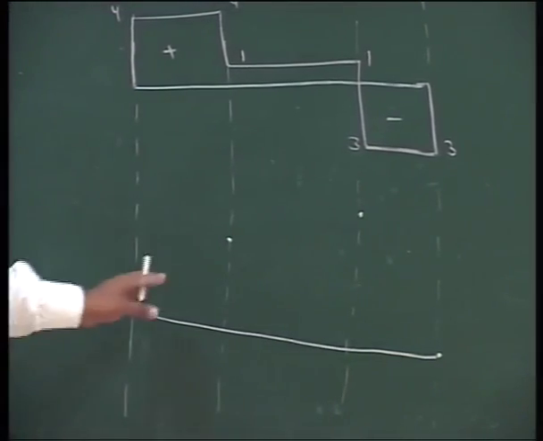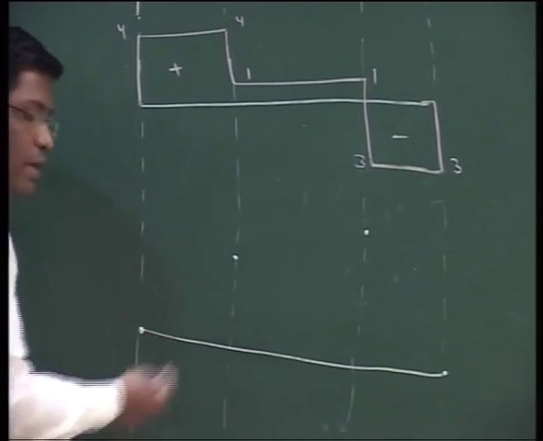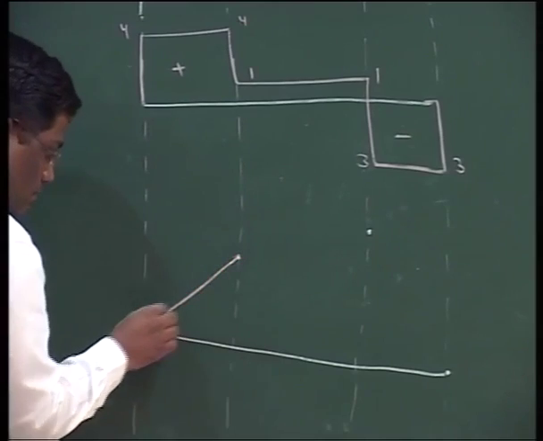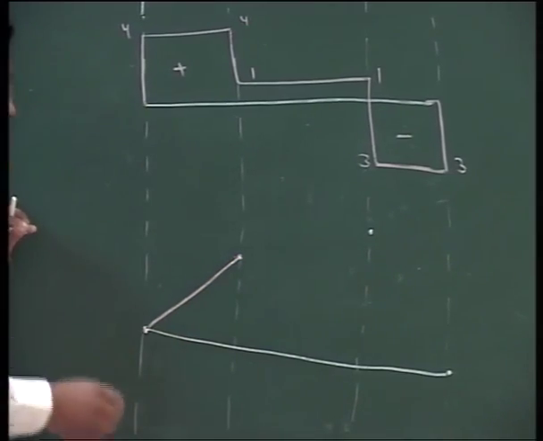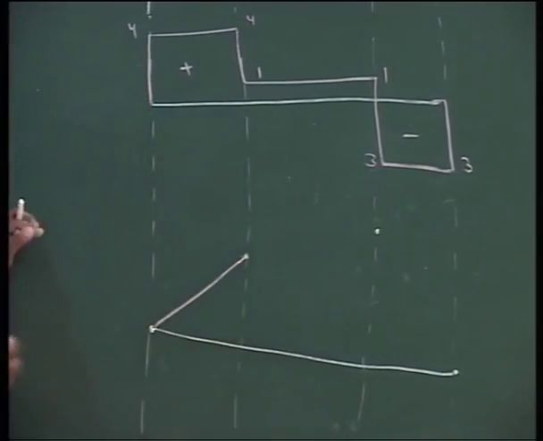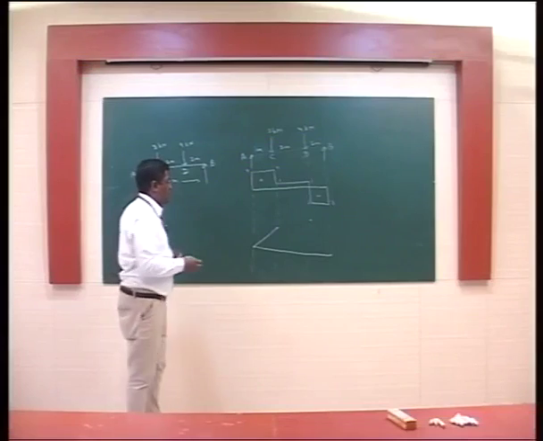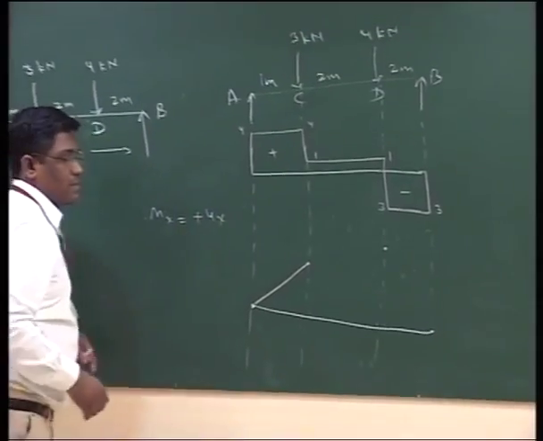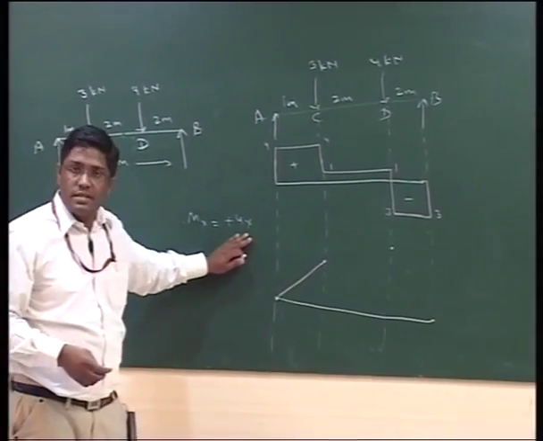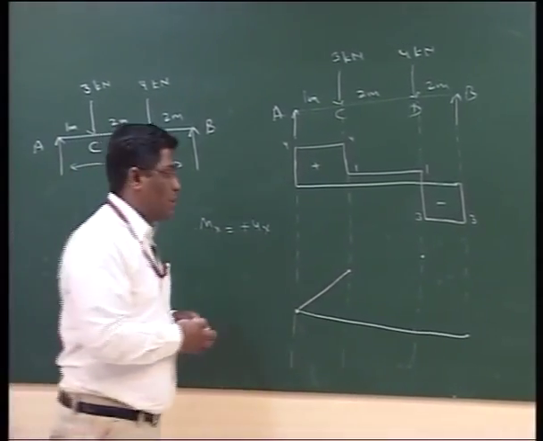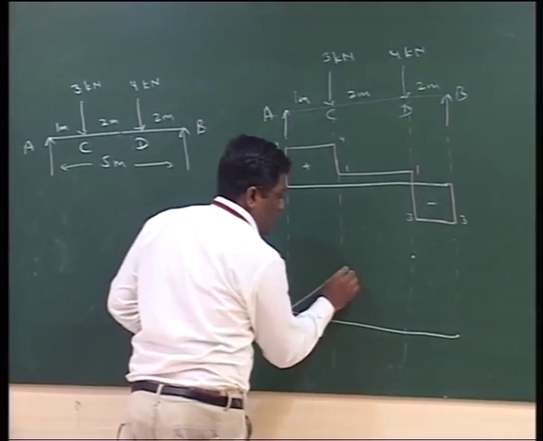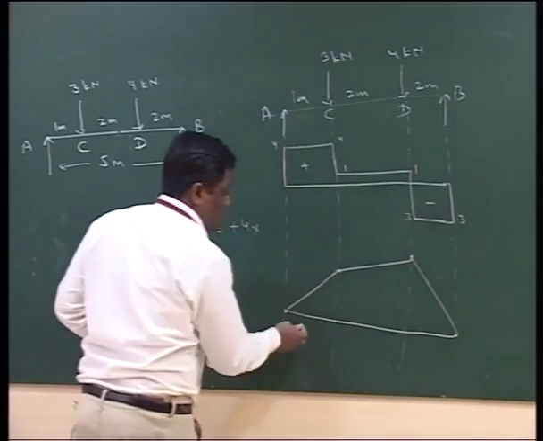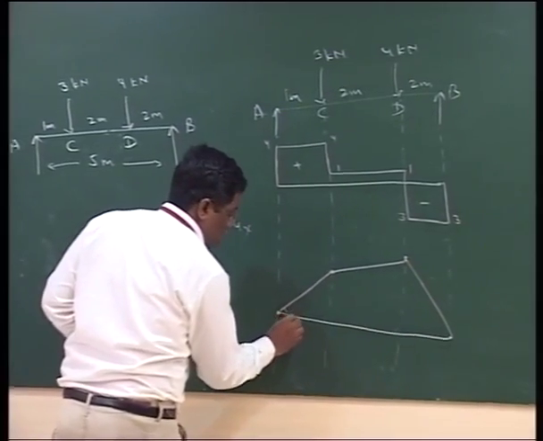If we make a line meeting these points, we obviously know that it will not be a straight horizontal line, it will be an inclined line. That also can be deduced from the equation we had of MX. At that particular portion it was 4x, and this is the equation of a line which we know from mathematics. Now the second one is this and this, and obviously all the values came as positive.